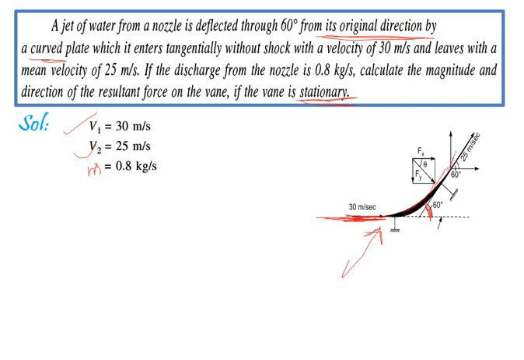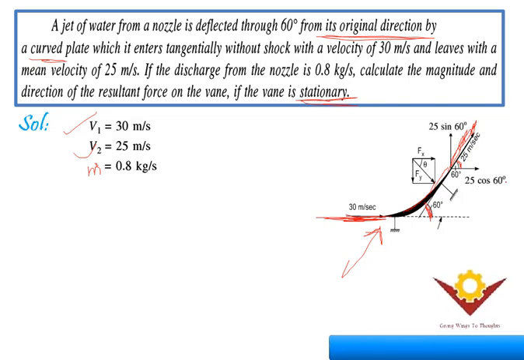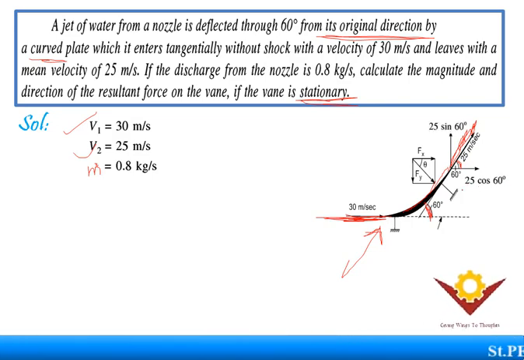And this is deflected through 60 degrees. Now the velocity which is leaving is 25 meters per second. It is inclined with the horizontal at 60 degrees, and we require the velocities in the horizontal direction and in the vertical direction. For the horizontal direction you have v cos theta, and here we have v sin theta.